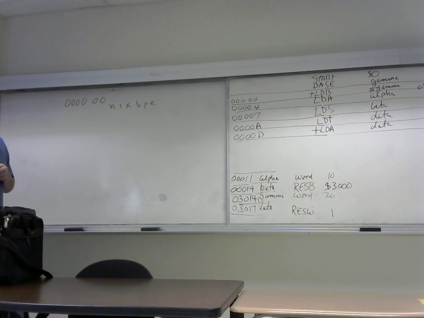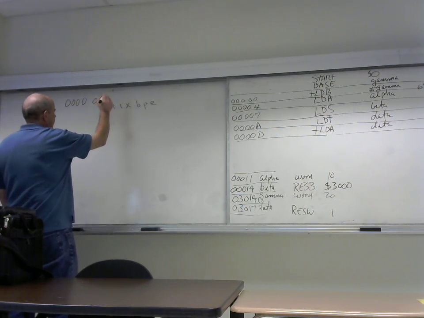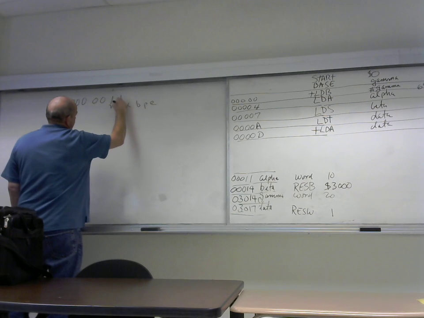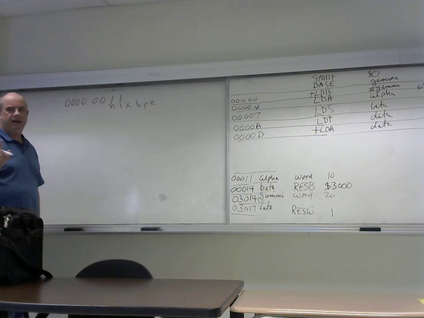But it's not on the table here because we cannot use base mode, since it would be a backward reference. Everybody with me? Okay. So it's just LDA alpha, so it's not indirect, not immediate. What am I going to put? 1, 1. And is there an X involved? No.